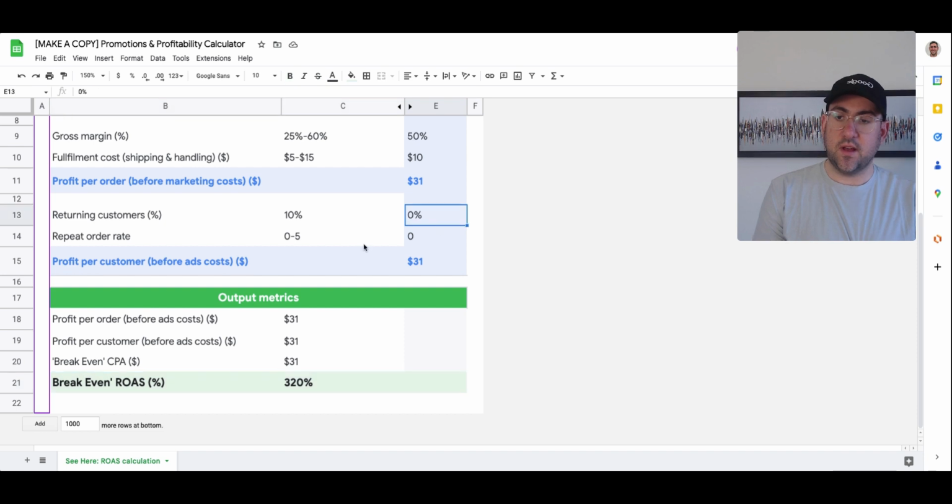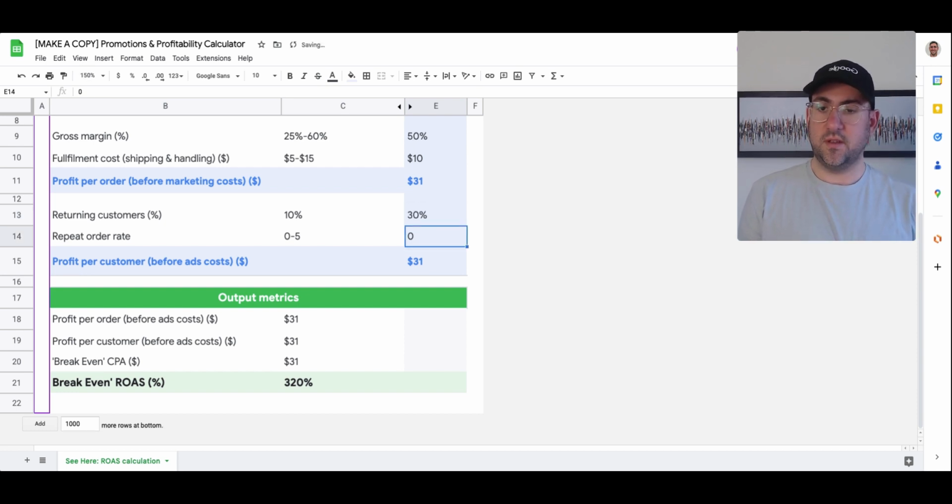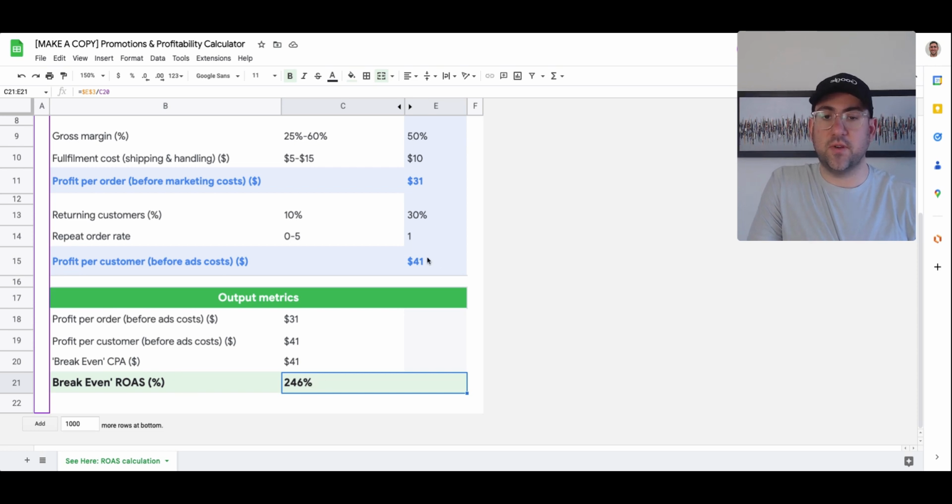The real magic comes in when you start to take retention into account. So let's say you sell great products, as many of you do, and 30% of your customers place another order. We're now able to spend more to acquire customers because we're taking in that additional revenue and profit that comes in from future orders, right? So we went from 320 down to 246.